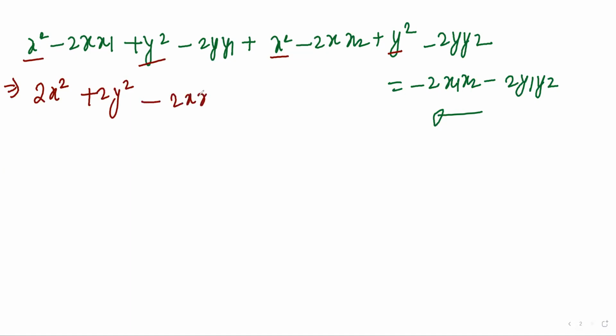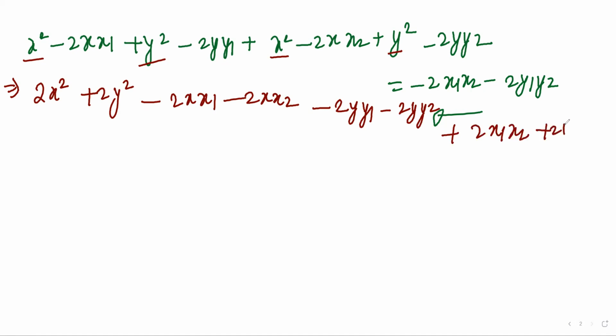Minus 2x x1 minus 2x x2, and write the y terms in sequence, so it will be minus 2y y1 minus 2y y2. So it will be plus 2x1 x2 plus 2y1 y2 is equal to 0.